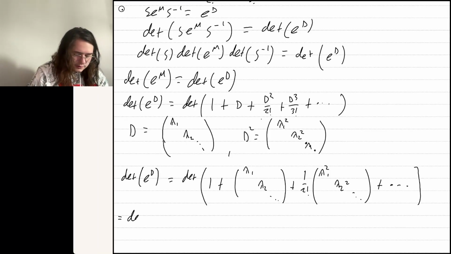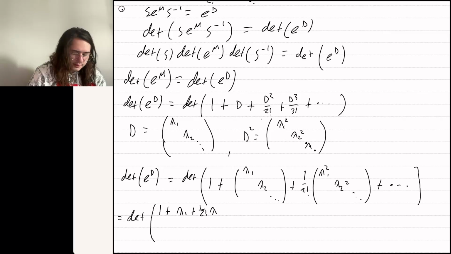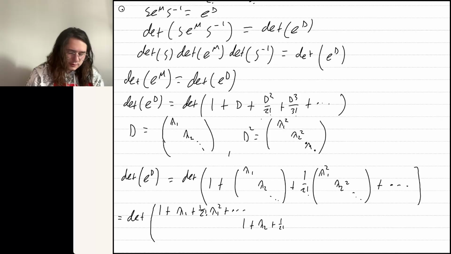So that's equal to the determinant of, if you add together all of the matrices, 1 plus lambda 1 plus 1 over 2 factorial lambda 1 squared plus dot dot dot on the first element, and the second element will be 1 plus lambda 2 plus 1 over 2 factorial lambda 2 squared plus dot dot dot, and then dot dot dot for however many eigenvalues M has.